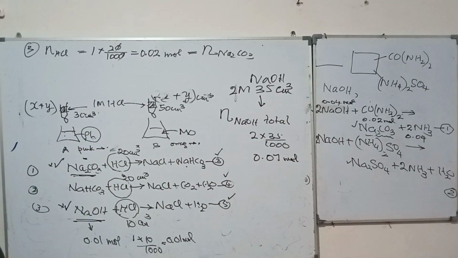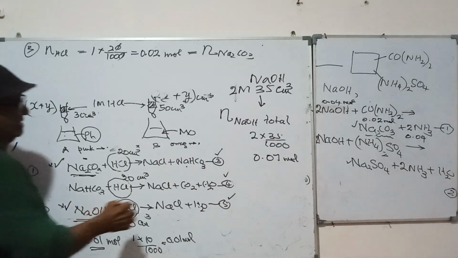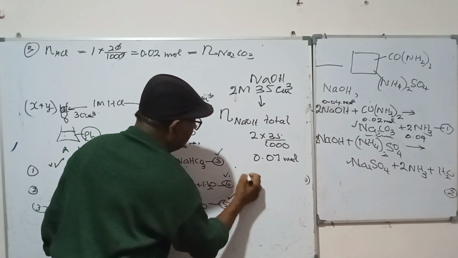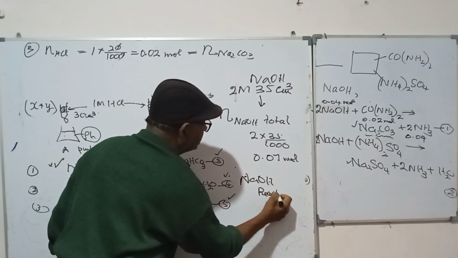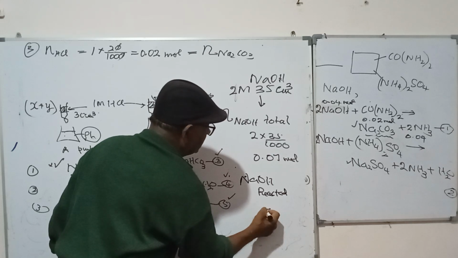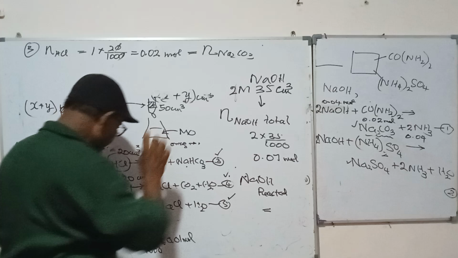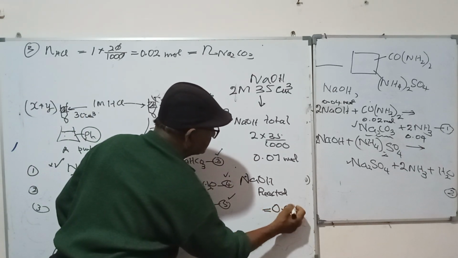This is the total amount of NaOH added, and this is the remaining amount. Therefore, the reacted amount should be equal to the added amount minus the remaining amount, 0.06.